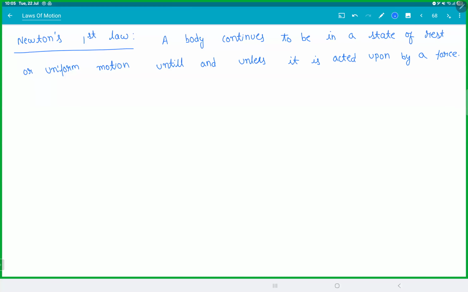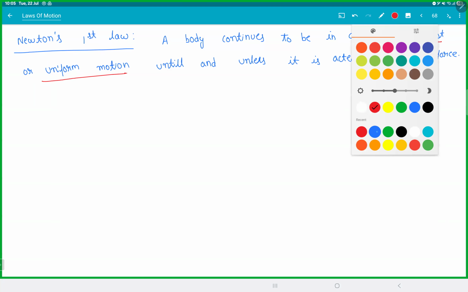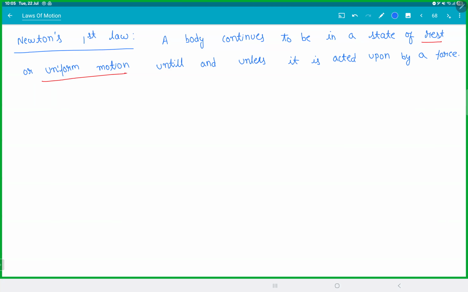So here, if you see, first law talks about two things, a state of rest and something called force. So these are the two words it talks about. Like I said, we have discussed this thing a bit in kinematics. How do you know something is at rest? It depends on your frame of reference, isn't it? So it gives us the concept of inertial frame.